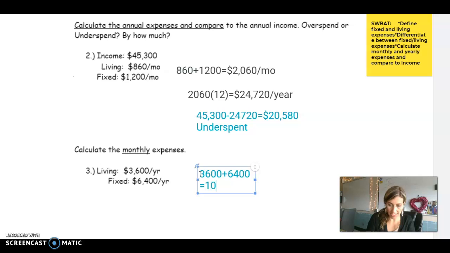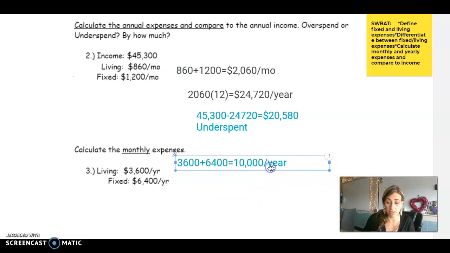That'll give you a nice solid $10,000, but that's also per year. I wish I was only spending $10,000 a year. All right, and then we need to take that and divide it by 12.